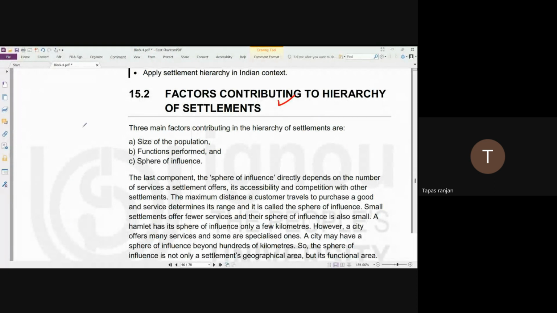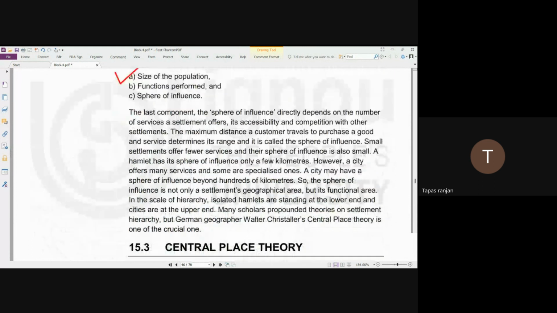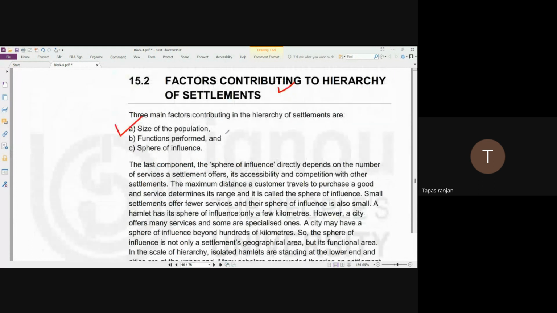First of all, you need to understand the size of population, and that is what we were discussing. Size of population plays a very vital role in urban hierarchy, whether that urban place has, let's say, 5,000 population or 10,000 population.